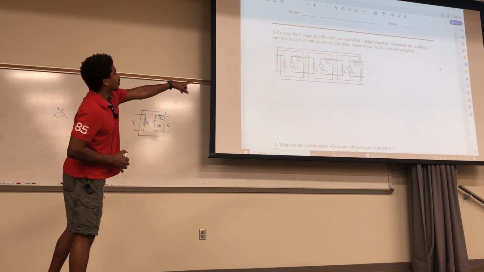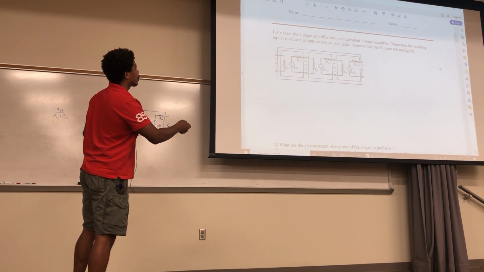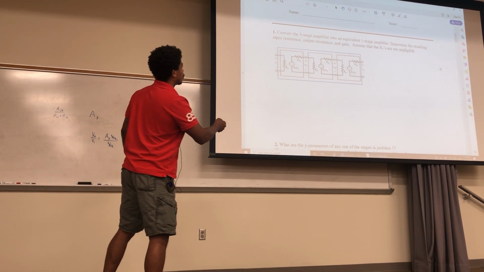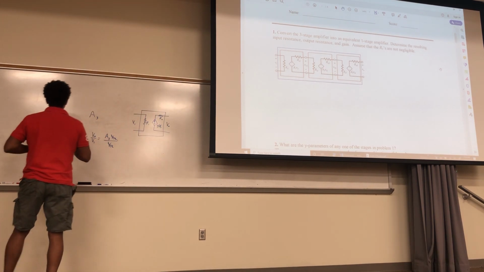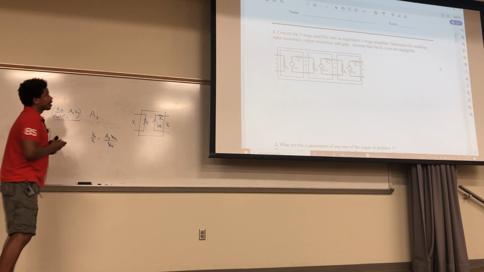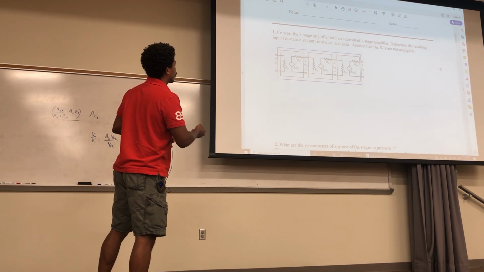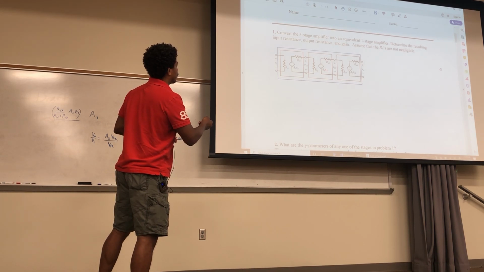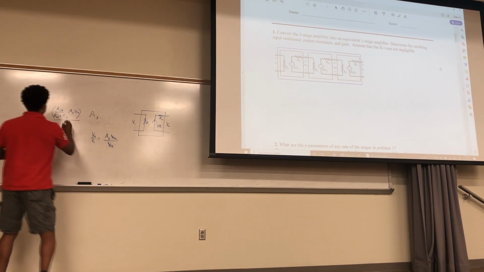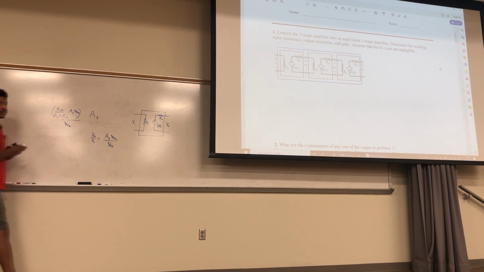Multiplied by this right here where you're starting from, which is A2 VI2. So this is the output. The input is going to be this right here, which is just your VI2. So these cancel out.